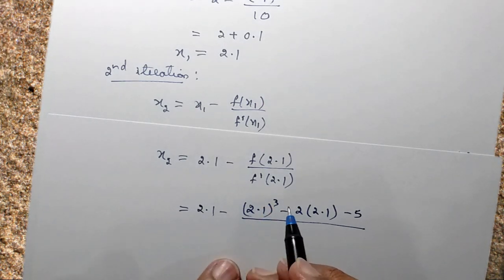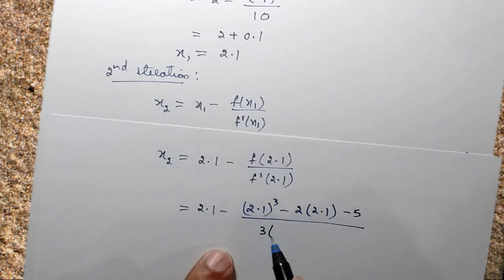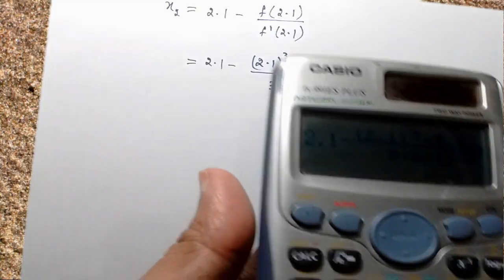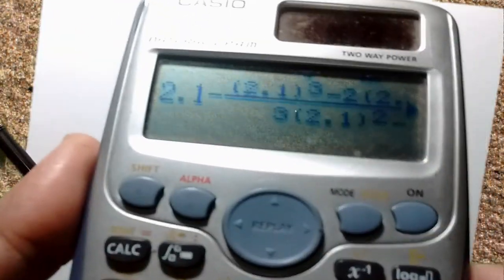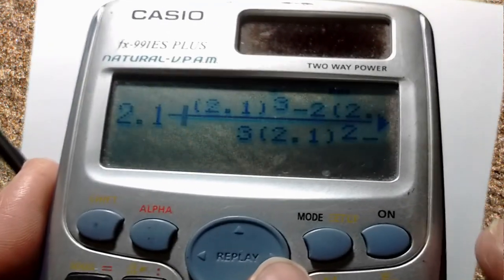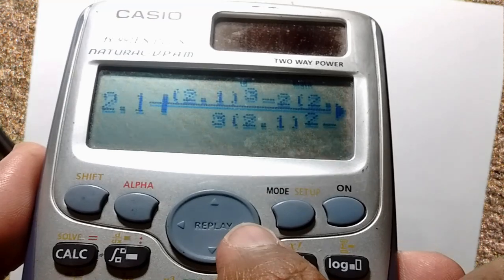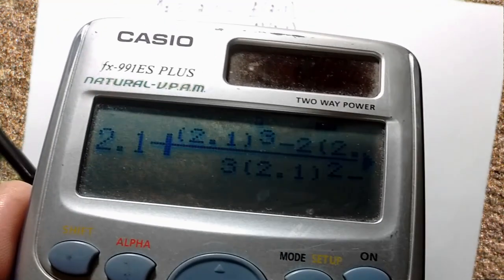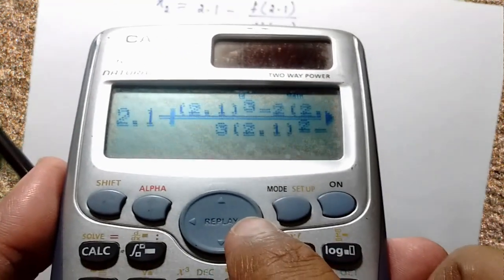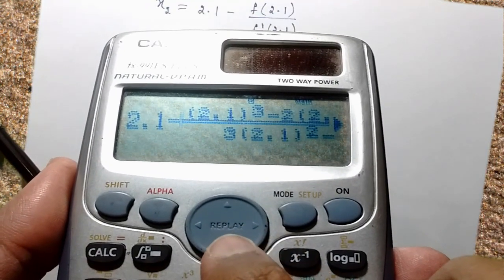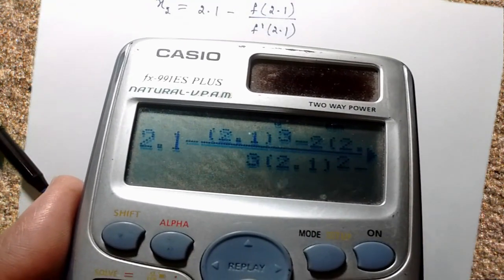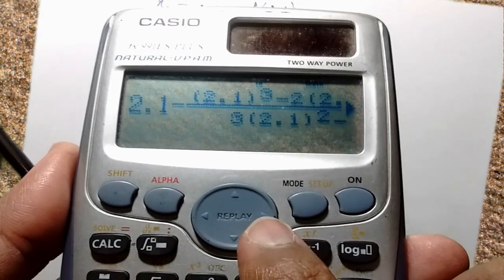You can just observe it is 3x square minus of 2. So 3 in place of x you have 2.1. So 2.1 whole square minus of 2. You just see I have typed all the values over here. You just verify it's 2.1 minus of, it's 2.1 whole cube minus 2 times of 2.1 minus of 5. It's whole divided by 3 times of 2.1 whole square minus of 2, right?